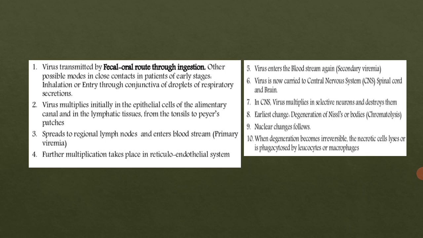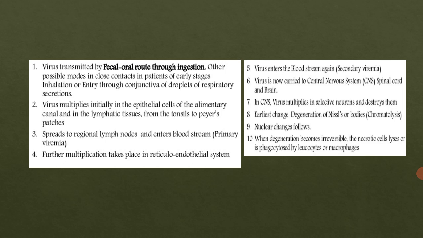Again the virus will multiply there in the reticuloendothelial system. First was the epithelial cells, second was the endothelial system. Then the virus will enter again into the blood, causing the secondary major viremia. First is the primary, now second is the secondary viremia.